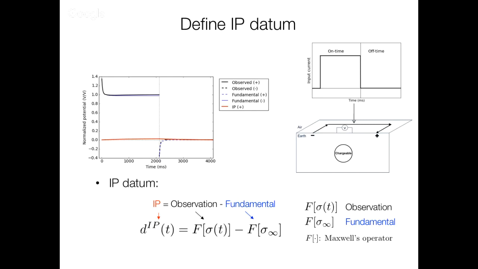That is effectively sigma at infinite frequency. So we get a conductivity that has no IP effects in it. We subtract that from the data. Everything left is just going to be IP.